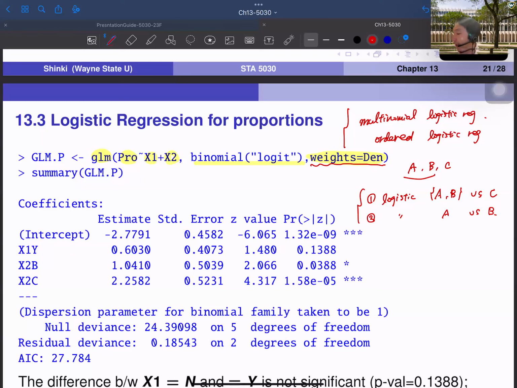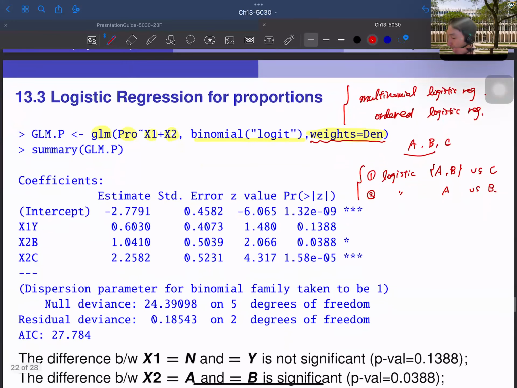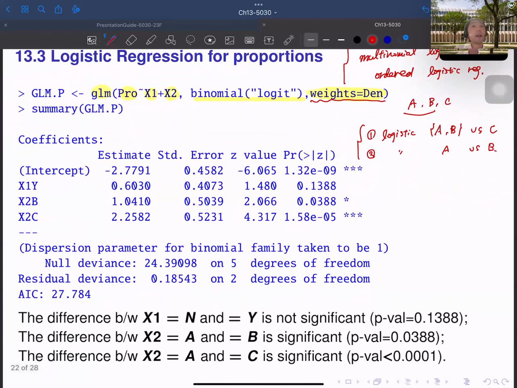You can search for multinomial logistic regression or ordered logistic regression for more complicated cases. Okay, that's a very good question. And here we can see the results.